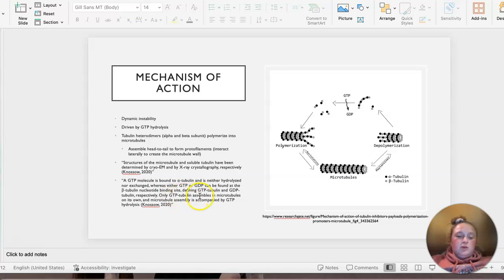Only GTP tubulin assembles in microtubules on its own, and microtubule assembly is accompanied by GTP hydrolysis. In this diagram schematic on the right, we can see the flow from microtubules to tubulin and how tubulin is formed. And as you can see, GTP and GDP play a major role in this.